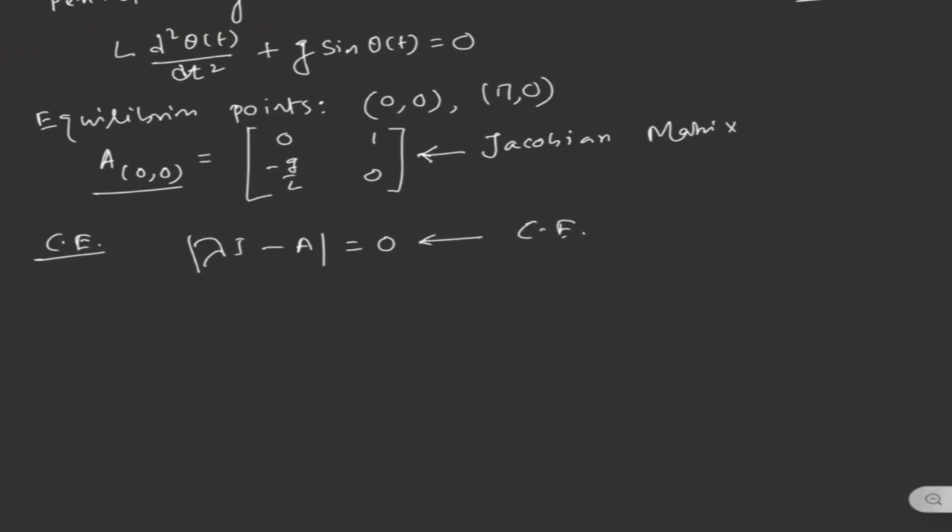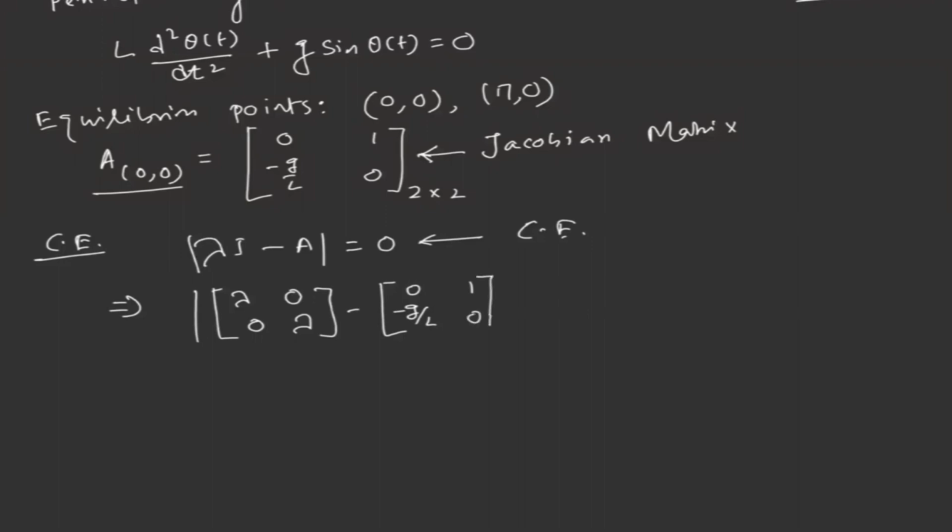Now, the dimension of the matrix is 2 cross 2, so your identity matrix will be 2 by 2. So here we can write the determinant of [lambda, 0; 0, lambda] minus [0, 1; minus g by L, 0] equal to 0.